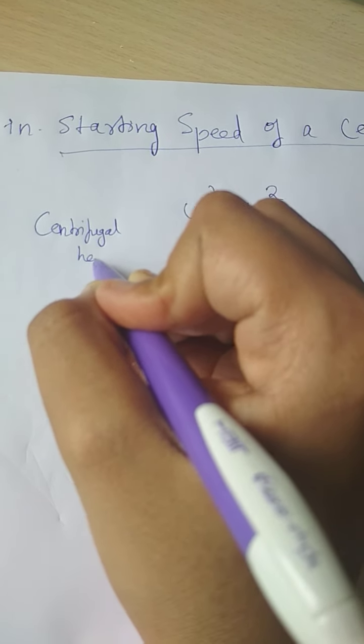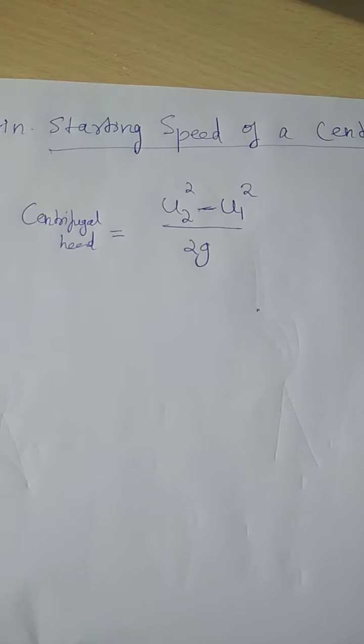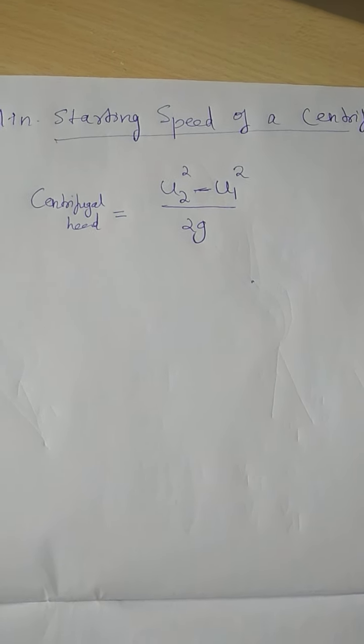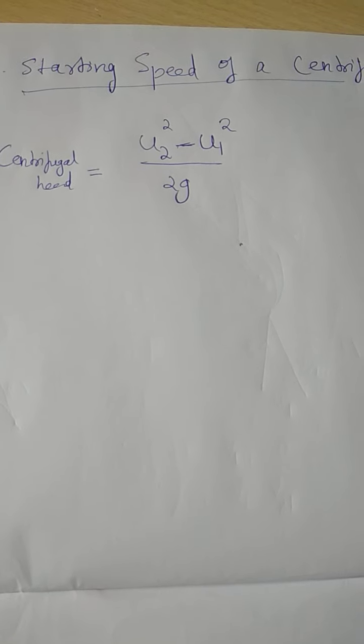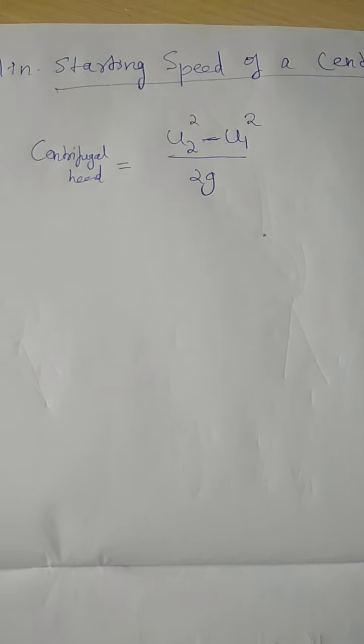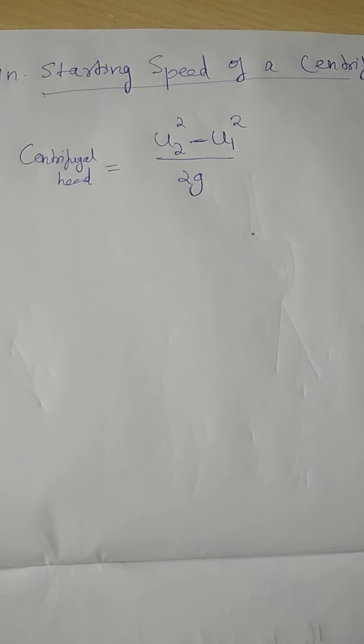There will be no flow of water until the speed of the pump is such that the required centrifugal head is developed. Unless we get the required centrifugal head, there will be no flow of water.